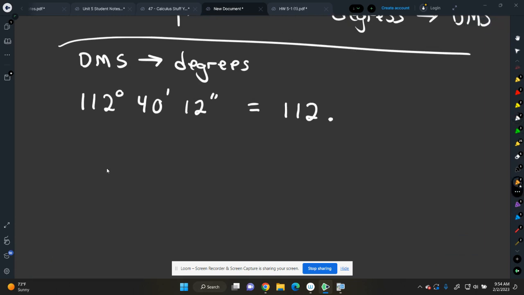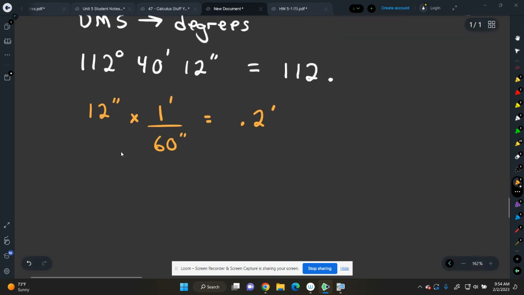Yeah, start with the smallest, start with the seconds, 12 seconds. We're going to convert this to minutes. So there's 1 minute in 60 seconds, right? So 12 divided by 60, and we get 0.2 minutes. Okay. So now we're going to add the 40 minutes to that. So now we have 40.2 minutes.